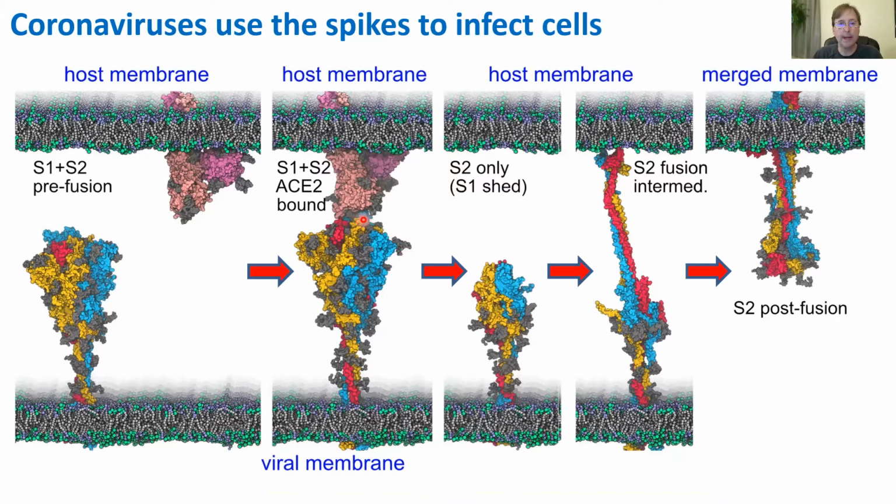After it interacts with ACE2, the S1 subunit dissociates from the S2, leaving behind the S2, and that undergoes a series of conformational changes where it releases these long chains that insert themselves into the host cell membrane like a harpoon.